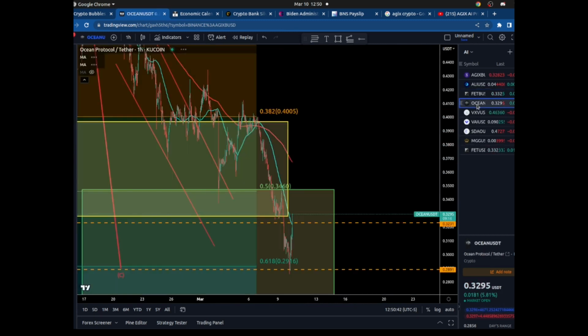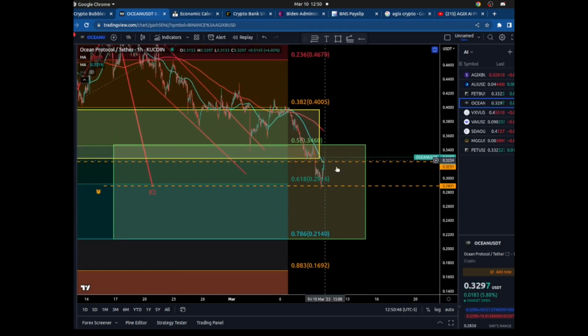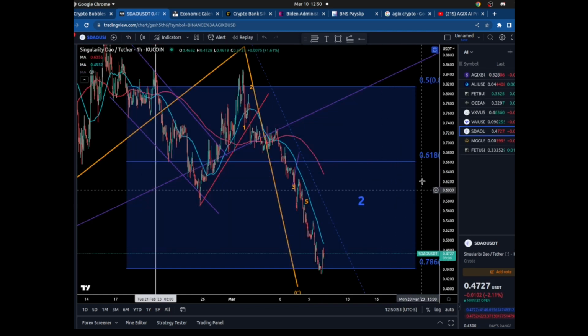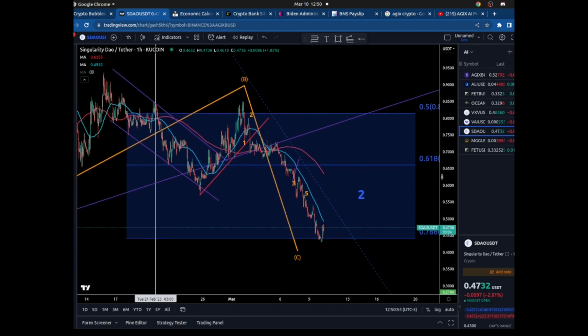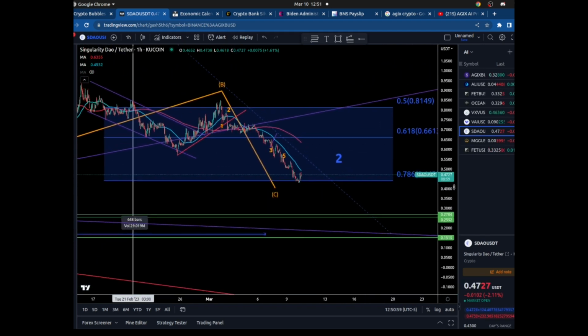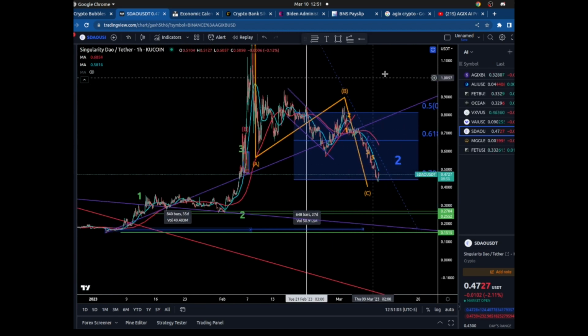I think it was Ocean. Oh no, okay, we're still holding, not that bad. Okay, so I don't know where I saw that. Okay, this was SDAO, this is starting to be bearish. So anyway, I will try to do an SDAO chart maybe after.